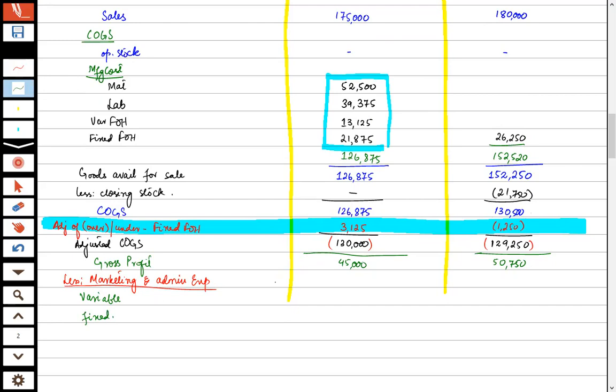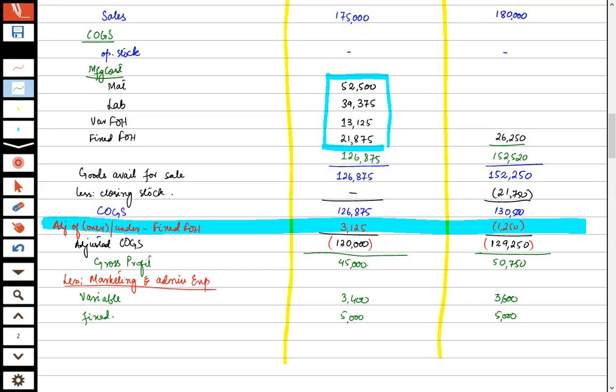So variables are 3,400 and 3,600. Fixed are 5,000 per month, 5,000 per month.